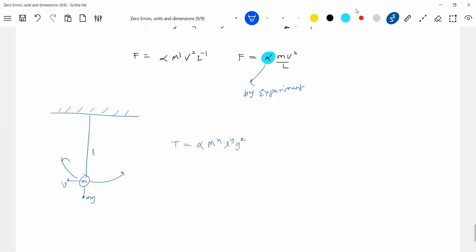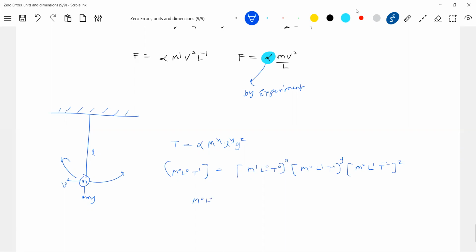Put this. The time period has dimensions M0 L0 T1. Alpha is M0 L0 T0. Length is M0 L1 T0. And g is M0 L1 T minus 2. Now equate.